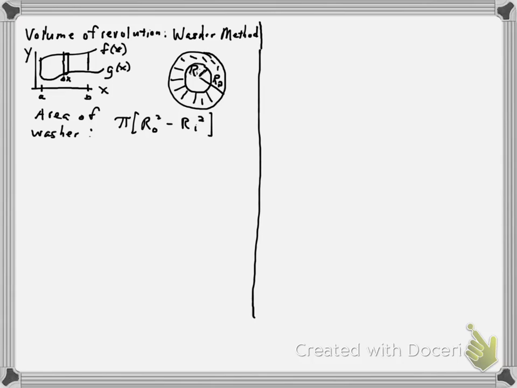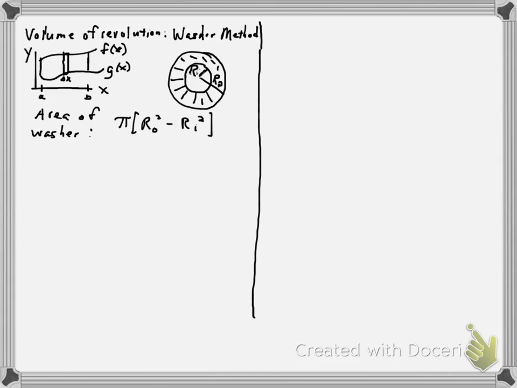If you look at the figure, the width of the washer is delta x. So the volume of a washer is the area of the face of the washer, pi times r sub O squared minus r sub I squared, times delta x.